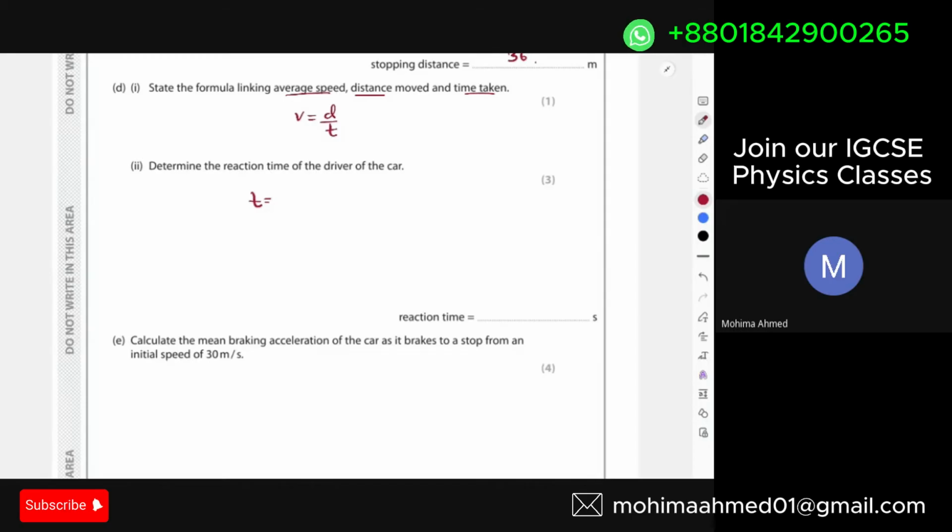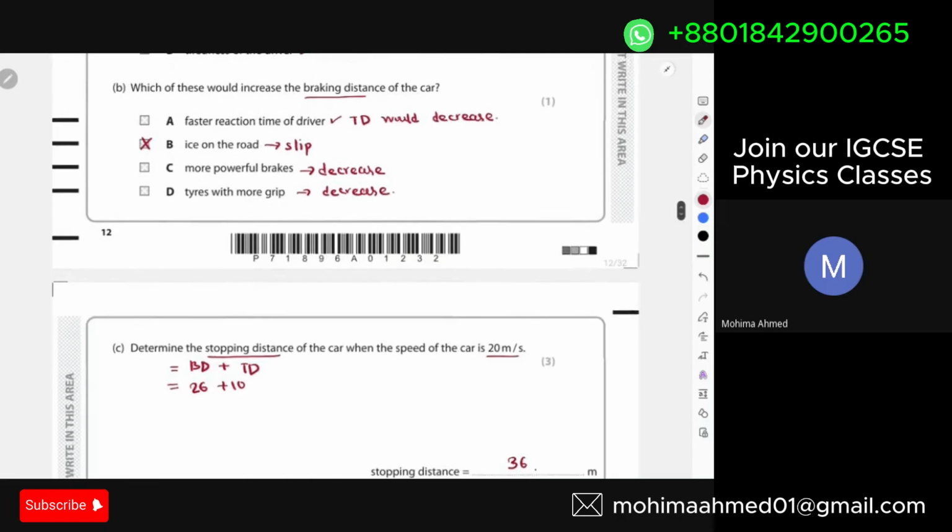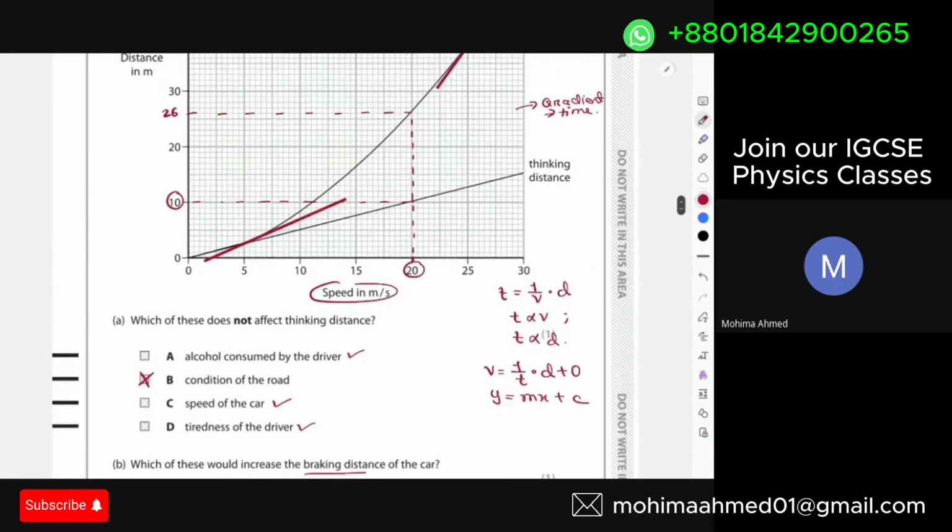That means the distance is going to be 26 divided by... was it 10 seconds? Sorry, 26 divided by 20. One minute.